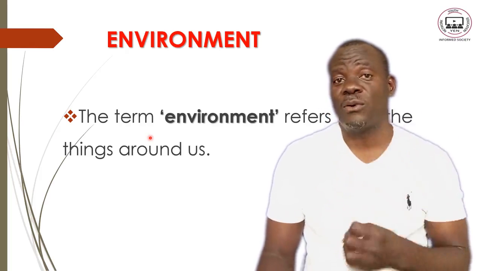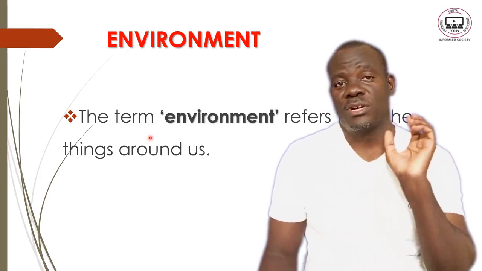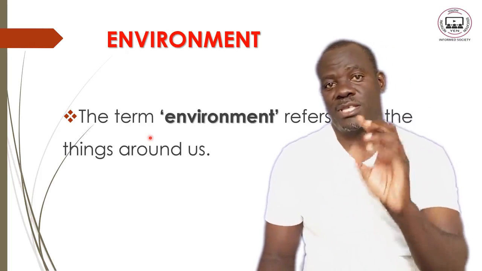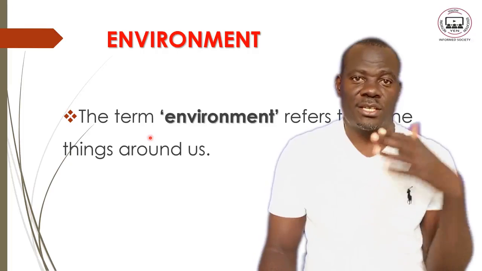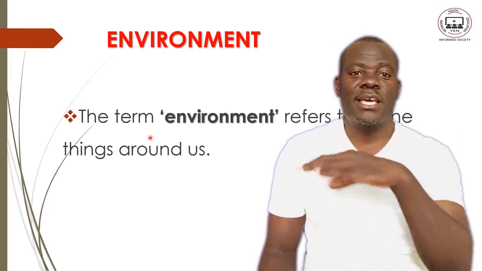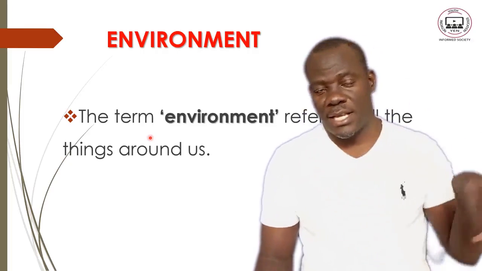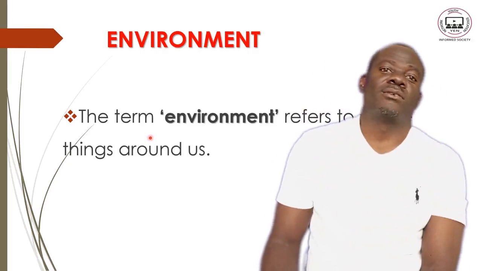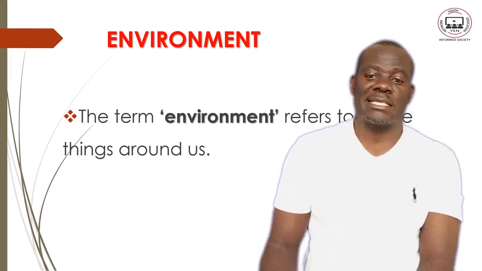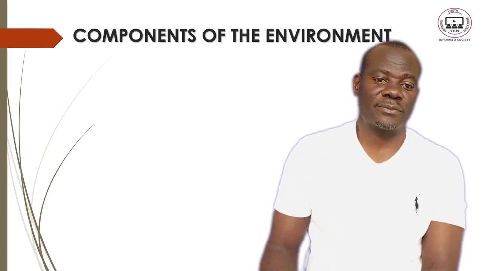We are going to study more in this lesson. So basically, when you are asked, what is the environment? Then just a straightforward answer is everything that surrounds us. So all the things that are around us, those ones are referred to as the environment.